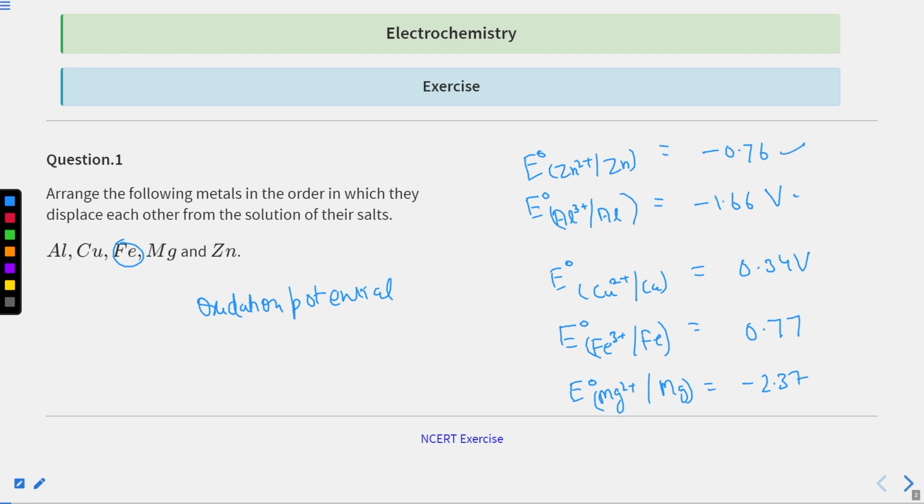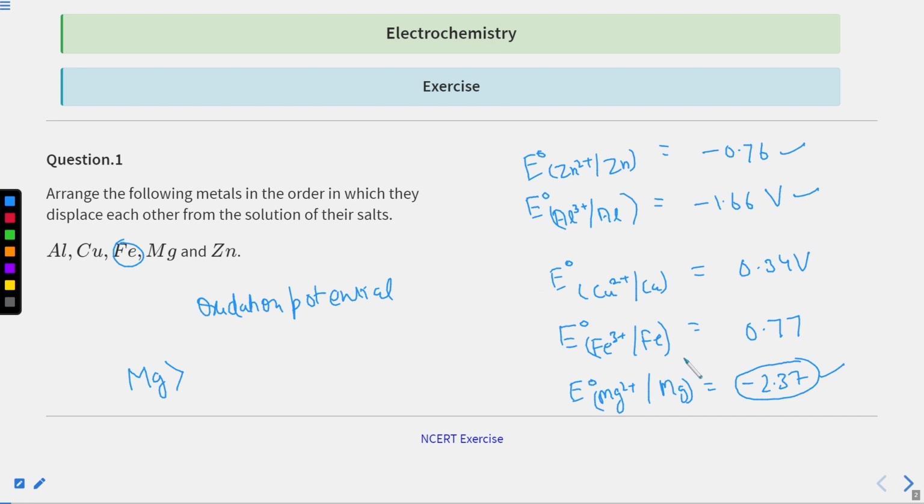So this one is least. Negative will be already least. And the one with the greater value of negative will be the least value of reduction potential, so it will be the highest reducing agent. Okay, the first will be magnesium. Then, I'm writing in the decreasing order, not the increasing order.